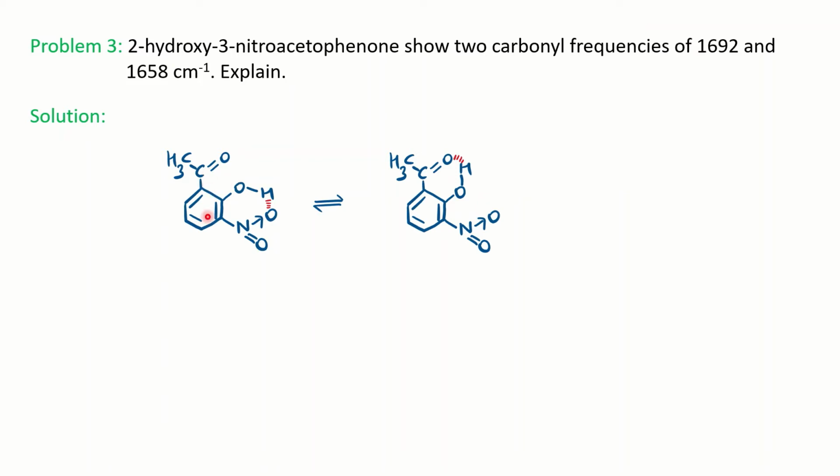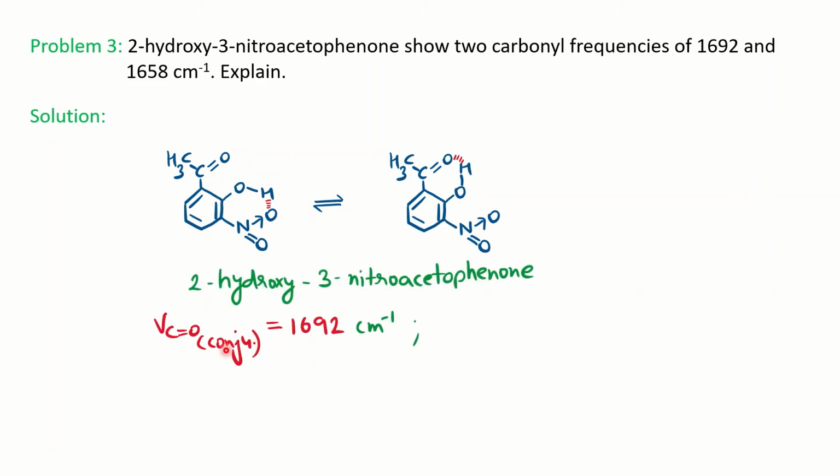But since it is in conjugation here with the aromatic ring, and we know the effect of conjugation lowers the carbonyl frequency, you have here the range for the conjugated carbonyl, that is 1692 per centimeter, because it brings single bond character to the CO because of the resonance, and so the strength of the carbonyl bond decreases, and therefore you are getting a conjugated carbonyl in the range of 1692 per centimeter.